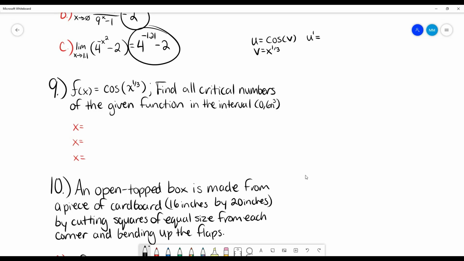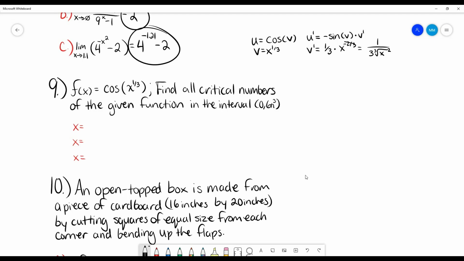I know chain rule tells me that the derivative of my chain is going to be the derivative of my outside times the derivative of the inside. Right, so the derivative here, I know it's x to the 1/3, so it's going to be 1/3 in front times x to the negative 2/3. And I'm going to rewrite that as this, just for personal preference.